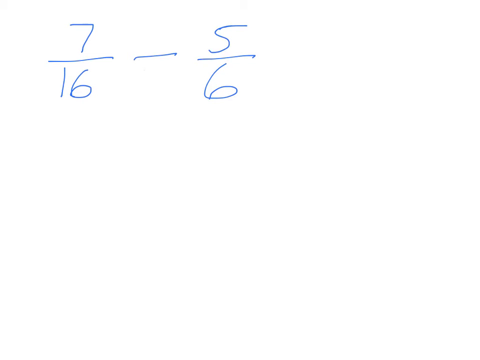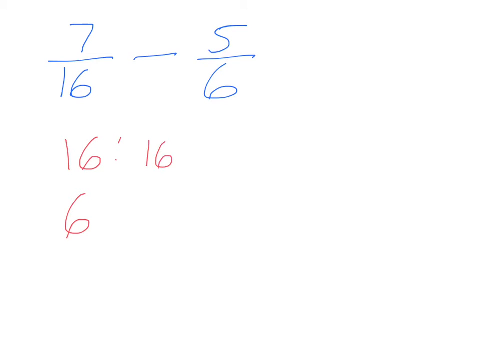Now, you've probably heard about this before, I hope, and I'm sure you learned different ways of finding the least common denominator. You probably were taught, take your two denominators, 16 and 6, and write all the multiples of 16 and 6.